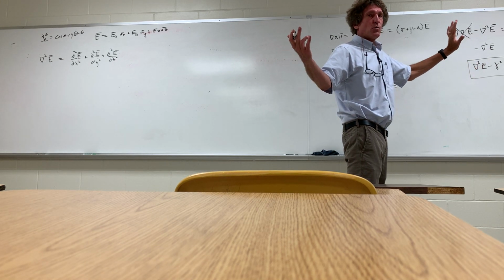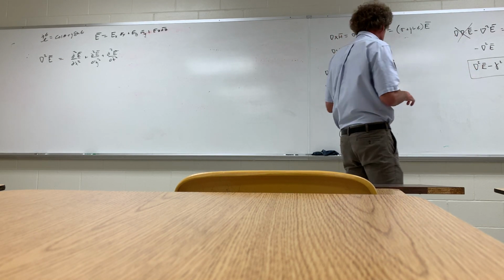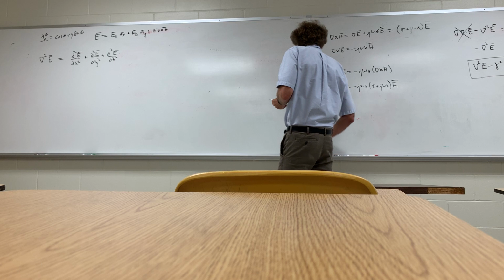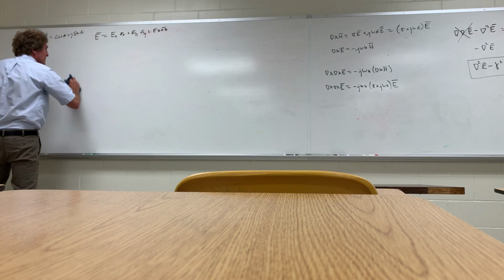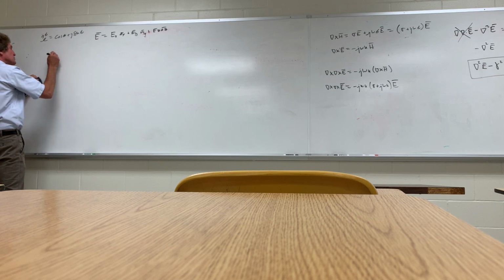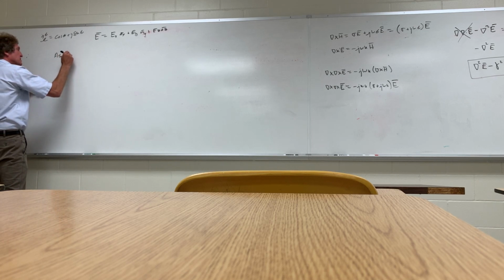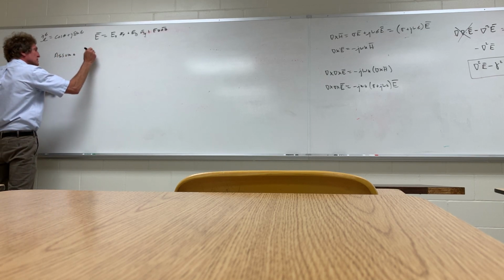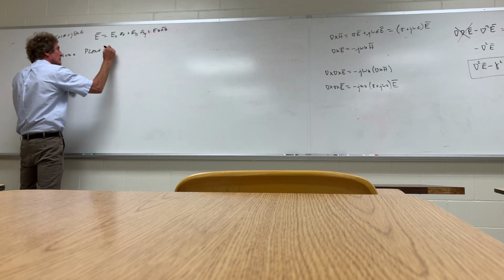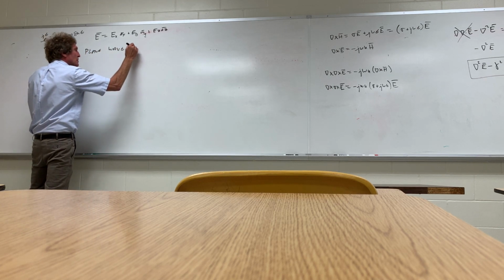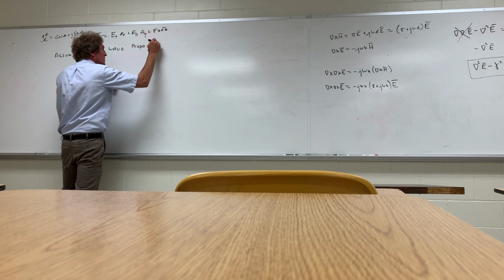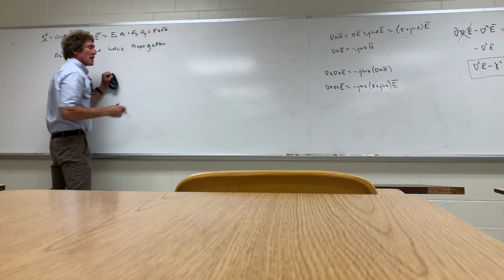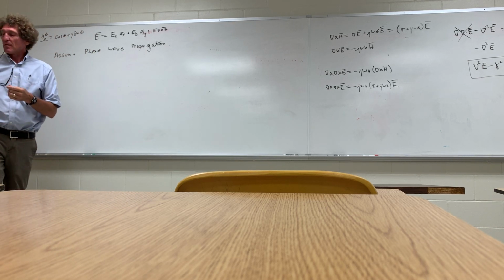And so what we do is we make assumptions. The assumptions we make now, I'll write them down here. We assume plane wave propagation. And here's what I mean by plane wave propagation.